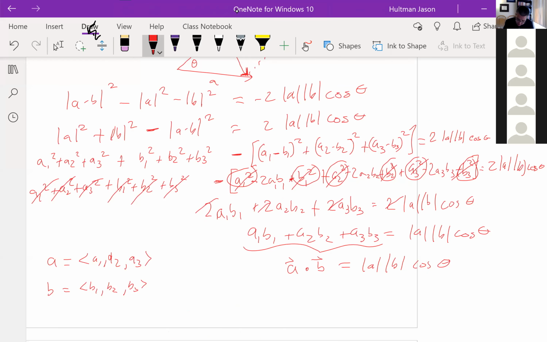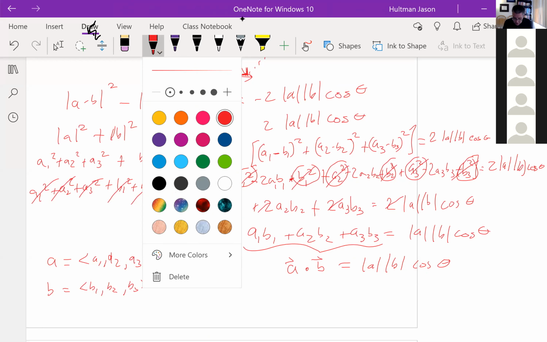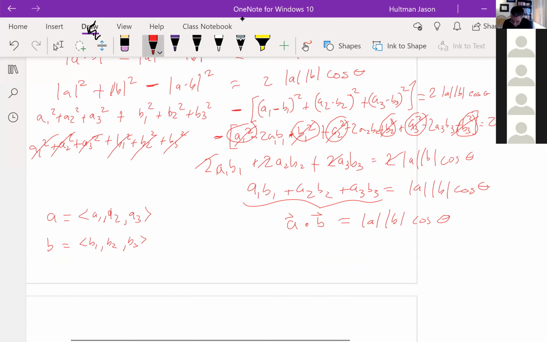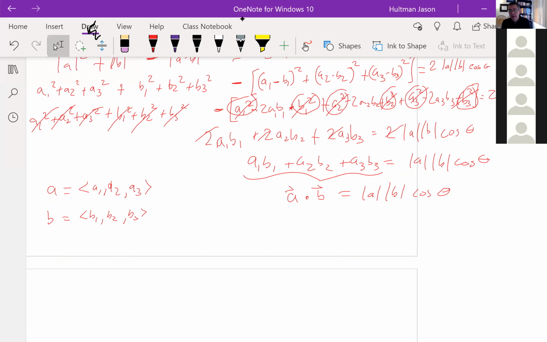Come back. Okay. I could really go like this, but I don't want to take the time to always do this. I could say this is vector AB. Now, how am I going to represent vector A times vector B? I could write vector A dotted with vector B because it's bold now.